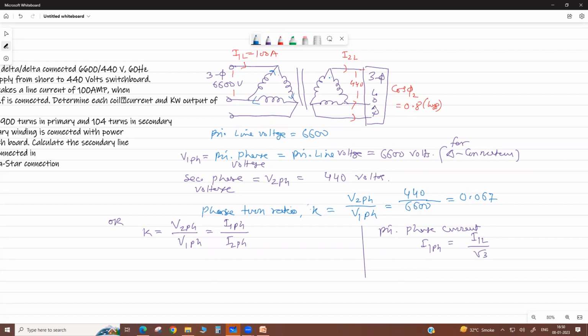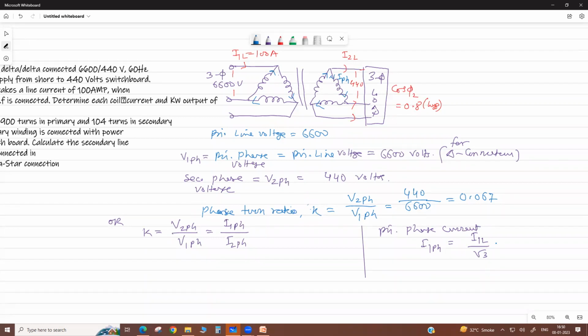Here also this is your phase current. So actually this is called the current in each coil, meaning phase current, and this is the line current. This is the primary phase.